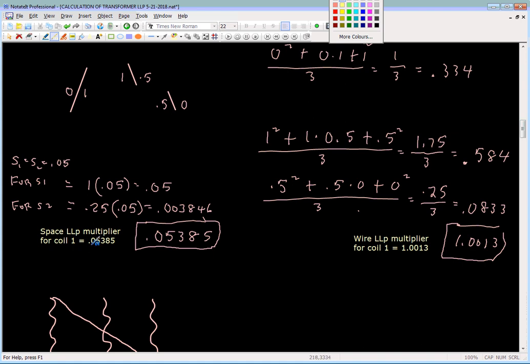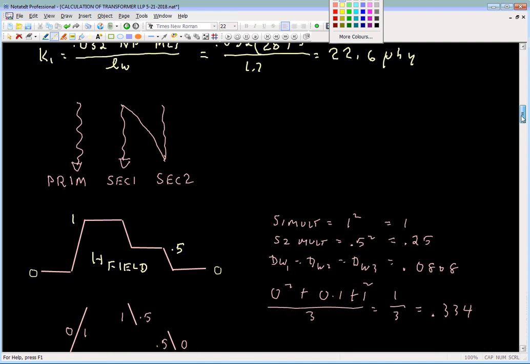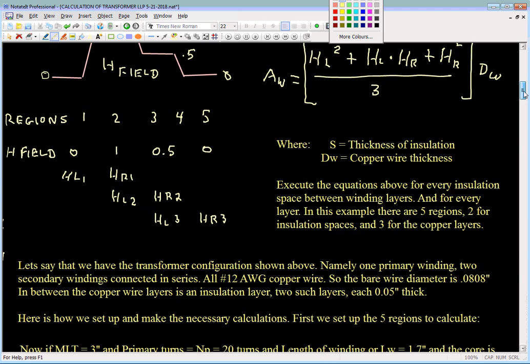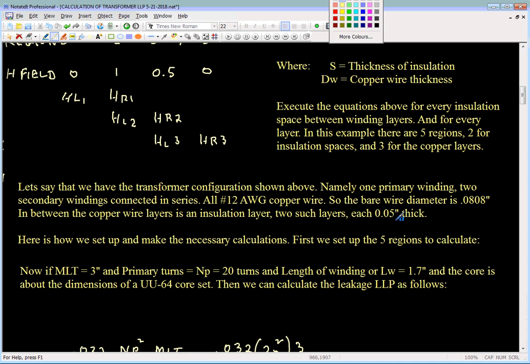Now, if we look at the insulation spaces, what do we have to do there? Let's go back and look at the equation for a moment. Insulation space is simply the H field squared times the distance S. S1 and S2 have to be 0.05 inches. I think I noted that somewhere. Yeah, right here.